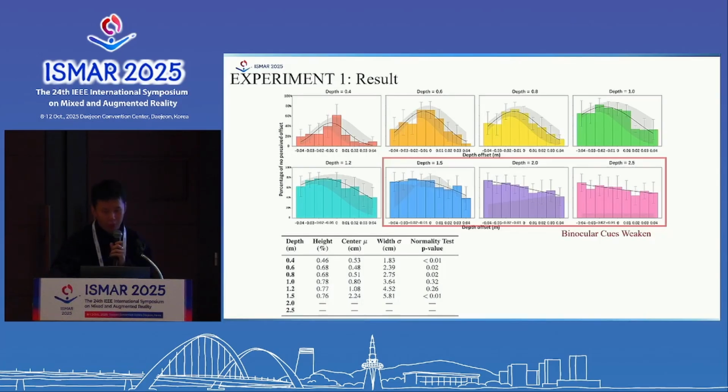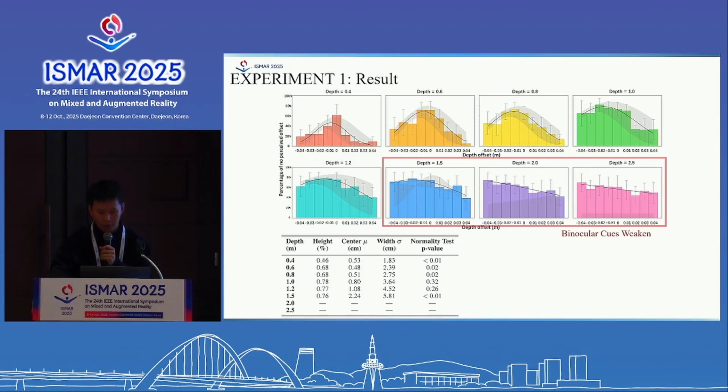The results from experiment one clearly showed the patterns of depth perception bias. The plots at the top show that as depth increases, the curves get wider and flatter, meaning more uncertainty. We have three main findings. First, the perception biases get bigger with distance. Second, we saw a strong VAC effect.